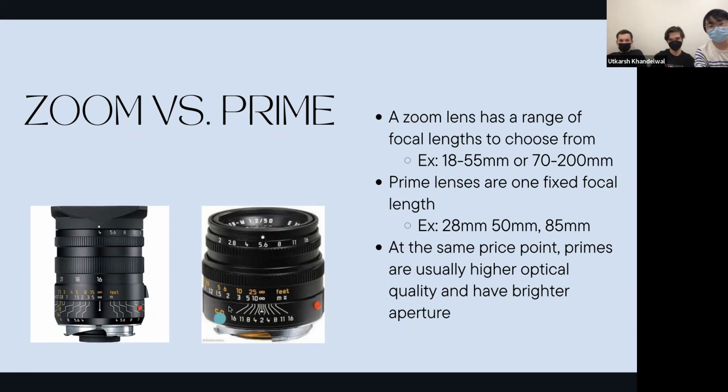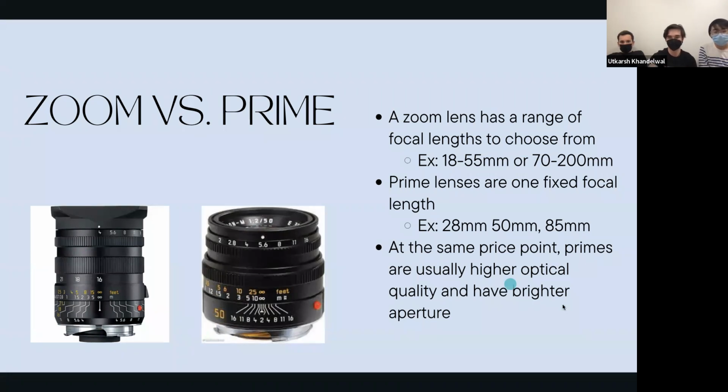And here we see a prime where, since it doesn't zoom, there's no zoom ring, there's just a focus ring and an aperture ring. But most lenses will mark their focal length on either the lens barrel, which is the side here, and definitely the front. So you can see here it's an f2 50 millimeter. So that's also a great place to learn about your lens.